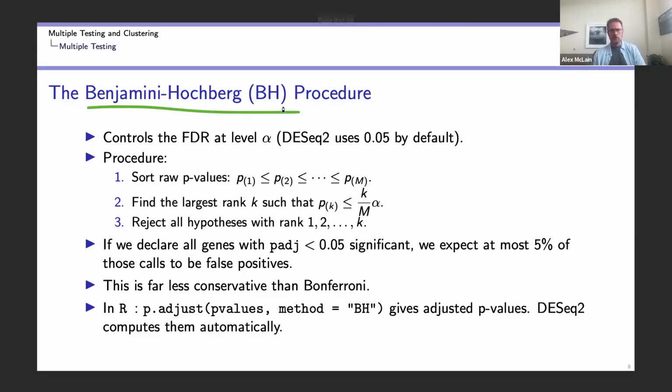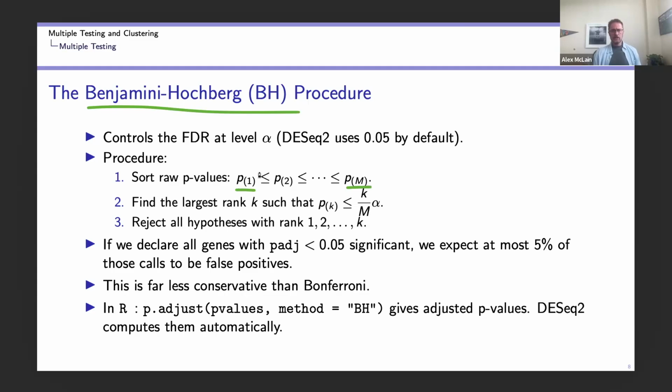When we do Benjamini-Hochberg, they aren't all compared to the same value. What they are compared to is a function of their rank. So the first thing we do is sort the p-values from smallest to largest, and then we find the largest k such that the kth p-value is less than or equal to k over m times alpha.